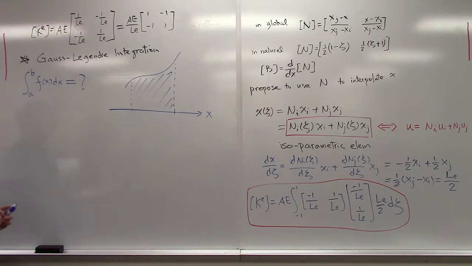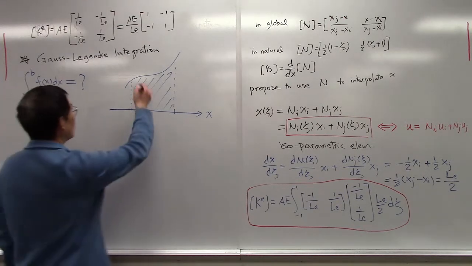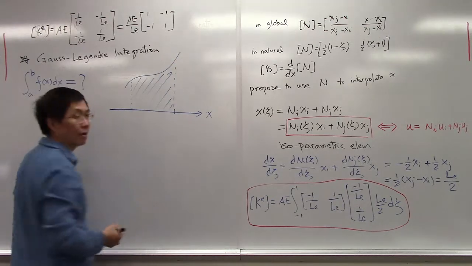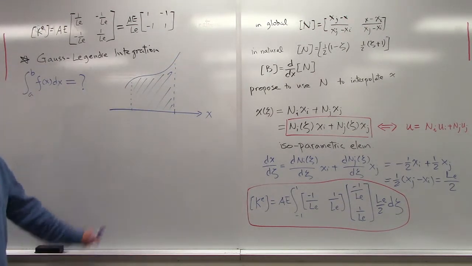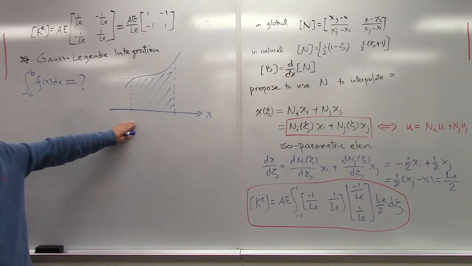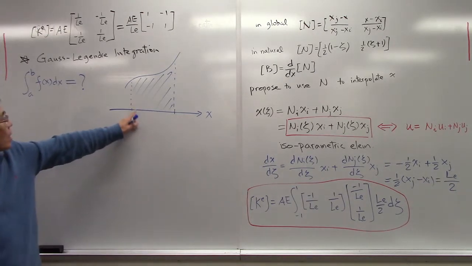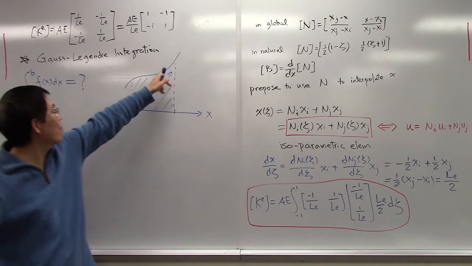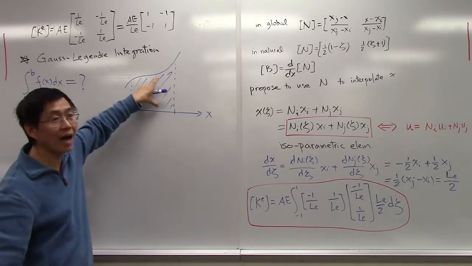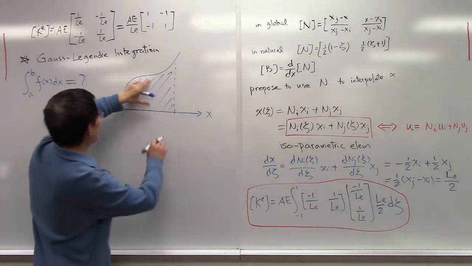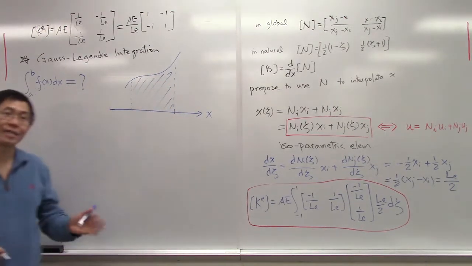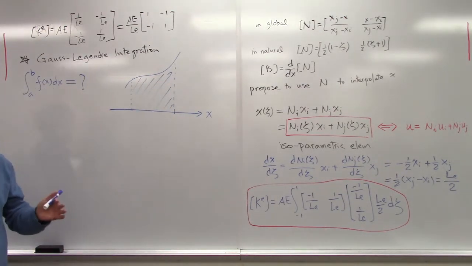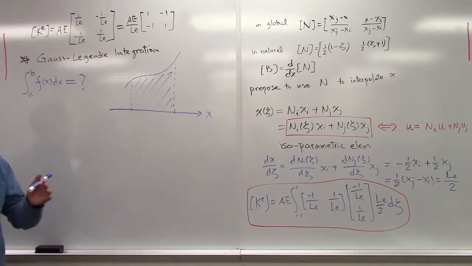Now, if the integrand is more complicated, sometimes it's just impossible to integrate that. However, conceptually, we can always say that, well, if I want to calculate the area, I can, to a very crude estimation, just pick maybe this point or that point or maybe the middle point as the height. If I pick the middle point, this is the height times this base, I have a pretty good idea how much the area is, right?